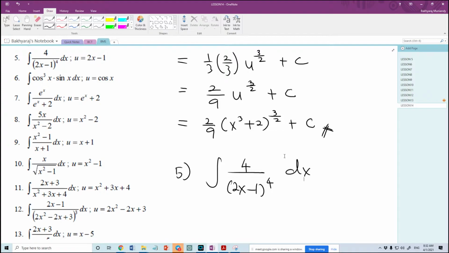Okay, so now, what is your u? u is actually 2x minus 1, based on the question. So first thing you need to get is your du dx. So differentiate.